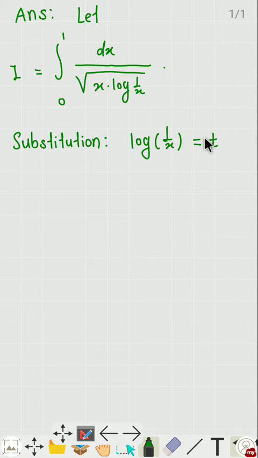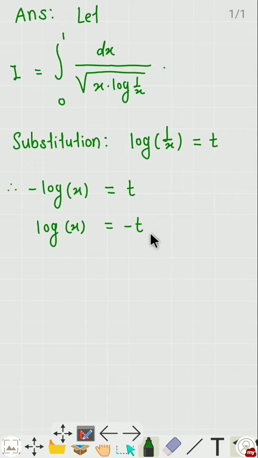Therefore minus log of x is equal to t, and therefore log of x is equal to minus t, and therefore x is equal to e raised to the power minus t, and therefore dx will be minus e raised to the power minus t dt.